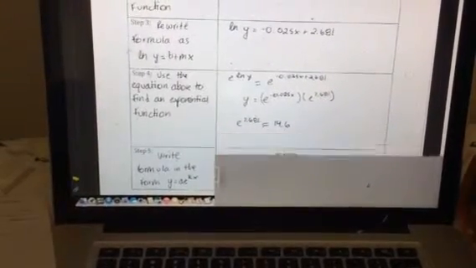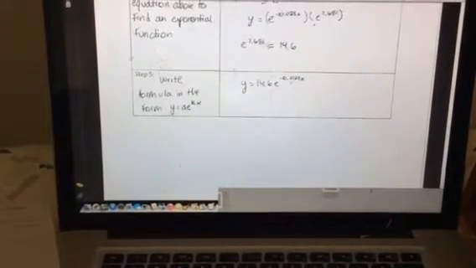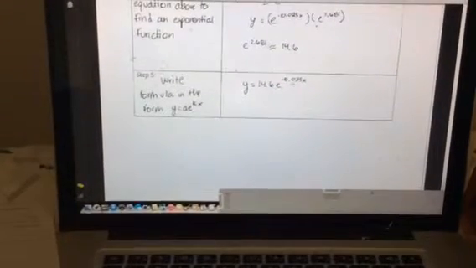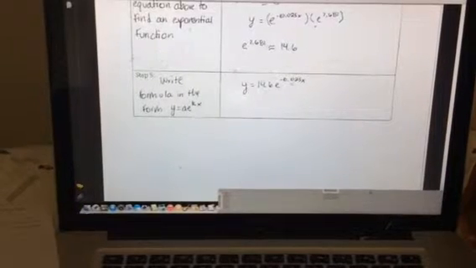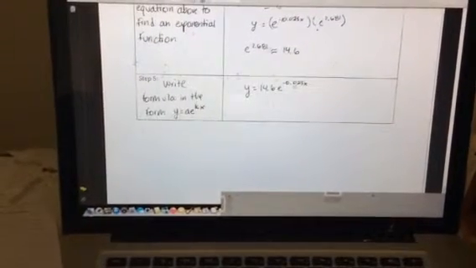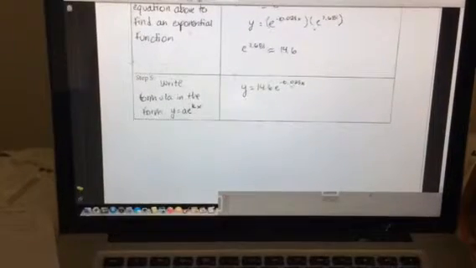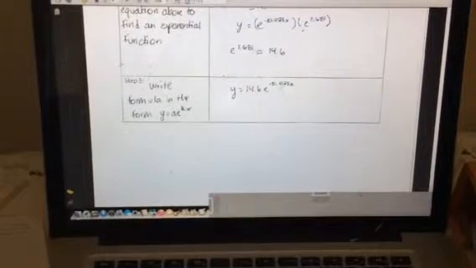So y equals 14.6, that was our a value, times e to the negative 0.025x. Now we have found our formula in the form of y equals ae to the kx, and this would be our answer. So this is how you would use logs to fit an exponential function to data.